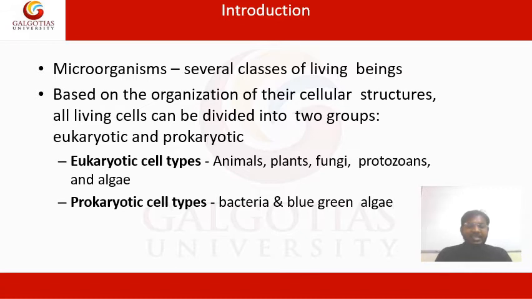Eukaryotic cell examples are animal, plant, fungi, protozoans and algae. Prokaryotic cell examples are bacteria and blue-green algae. Algae is an example in eukaryotes, but blue-green algae is prokaryotic, which is entirely different.